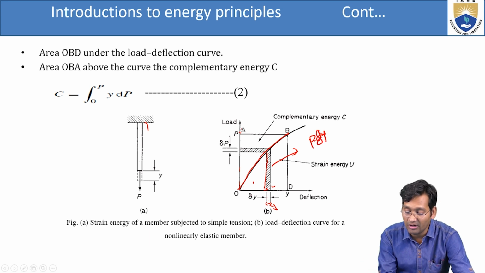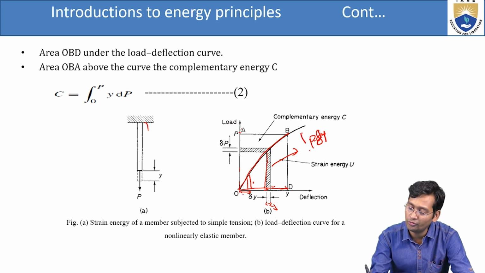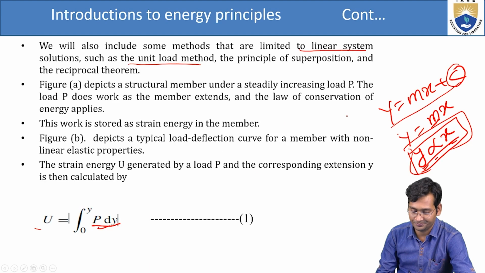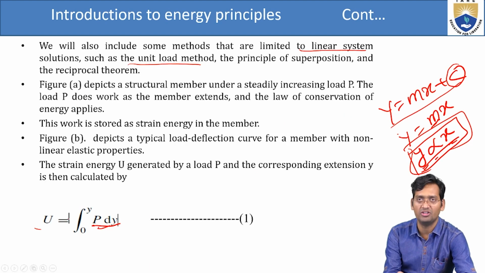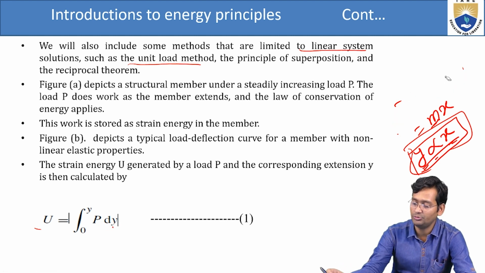From where to where? Up to y distance we are considering, right? So 0 to y. So this will equal the strain energy, which is the integral from 0 to y of P dy. That is the strain energy equation.